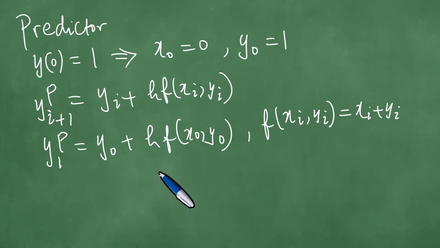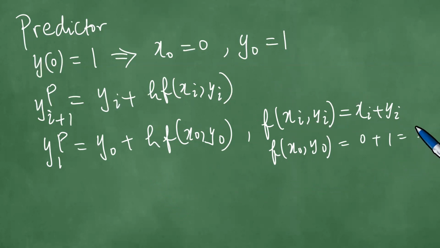So f(x0, y0) is the sum, where x0 is 0 and y0 is 1, and the result is 1. Okay, so we found this one. We have h here. What is h? h is the step. What are the steps? The steps are 0.05 according to the question. So we have h, and we have y0, which is 1. We can find y1 of the predictor.